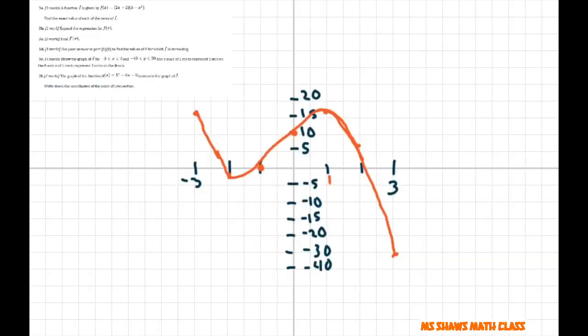I know the y-intercept was 10, and they want it from negative 3. It said use a scale of 2 centimeters to represent 1 unit, so I just went by 2 here, even though this is not centimeters.